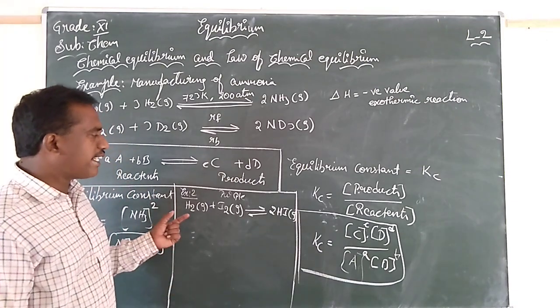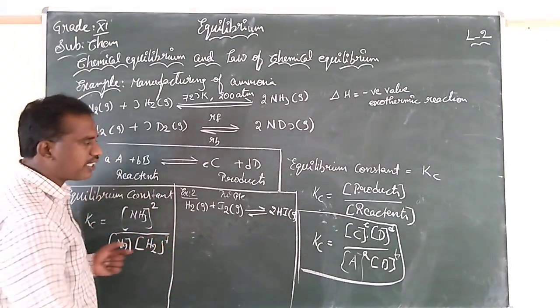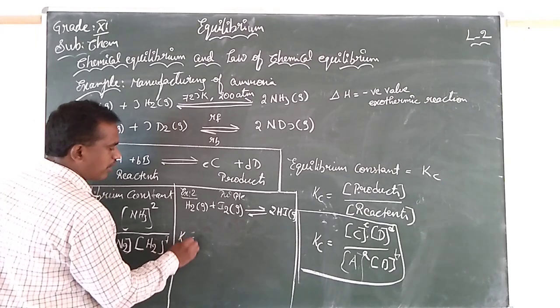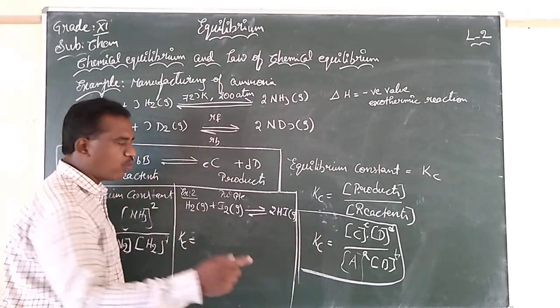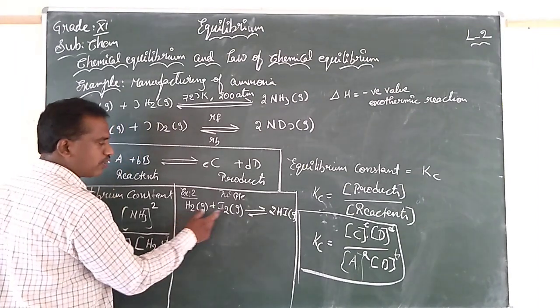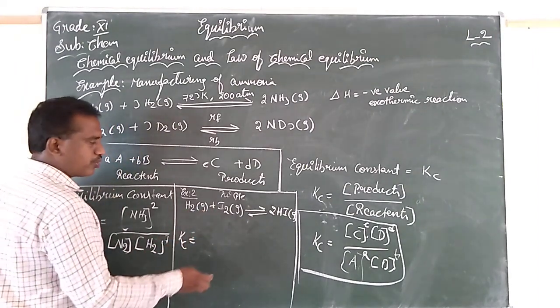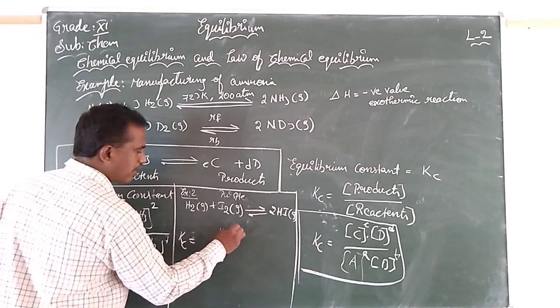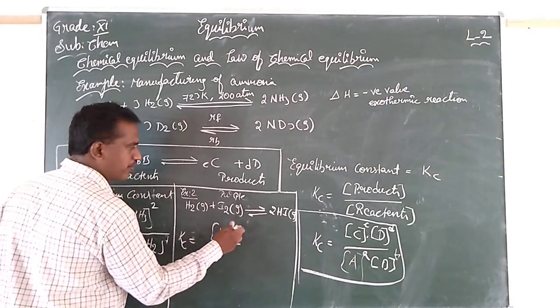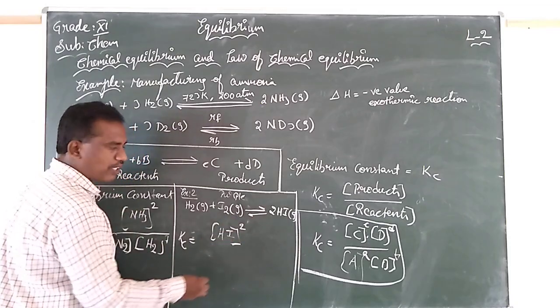Now can you write the equilibrium constant for this reaction, children? What is the equilibrium constant that we can write for this reaction? Concentration of the products raised to their coefficient upon concentration of the reactants raised to their coefficient. What are the products found here? Hydrogen iodide raised to their coefficient. What is the coefficient? We got here 2.